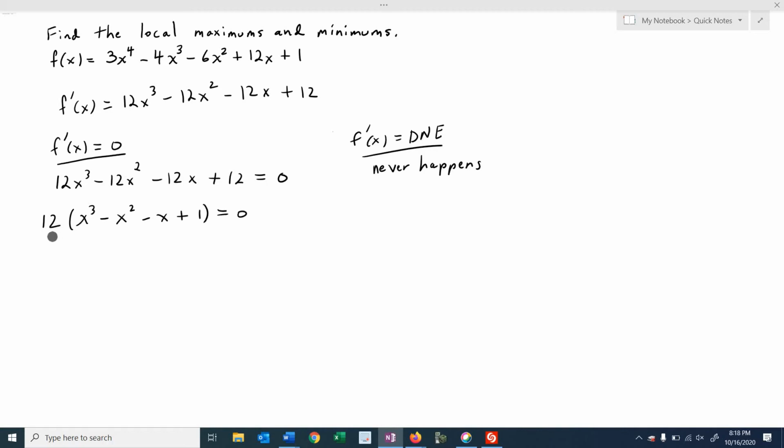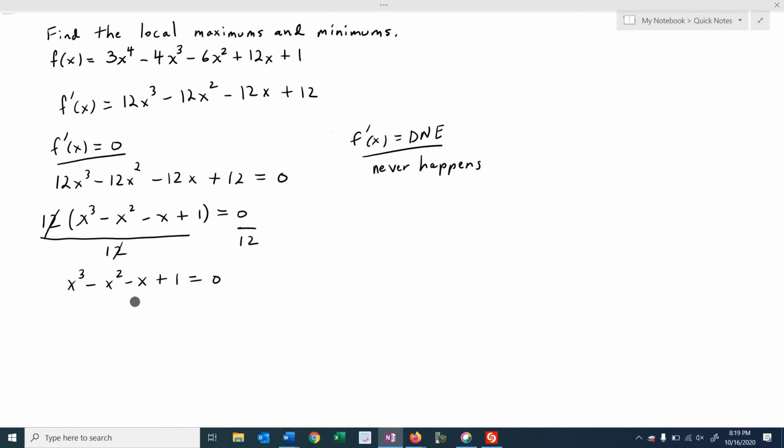Then if you really want to, it's a good idea to divide both sides by 12, just to get rid of this 12, and then you're left with this third degree polynomial. Now we want to know when this is equal to 0. So we probably need to factor this if we're going to have any hope of finding out when it's equal to 0. One possibility is you could try to factor by grouping.